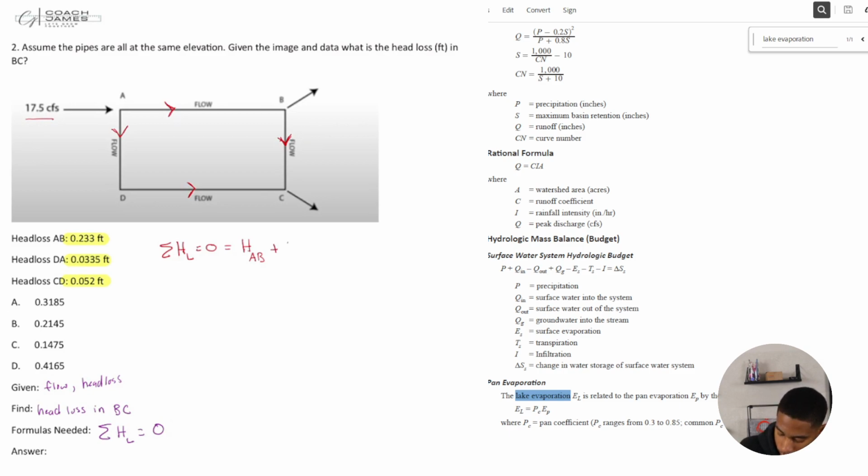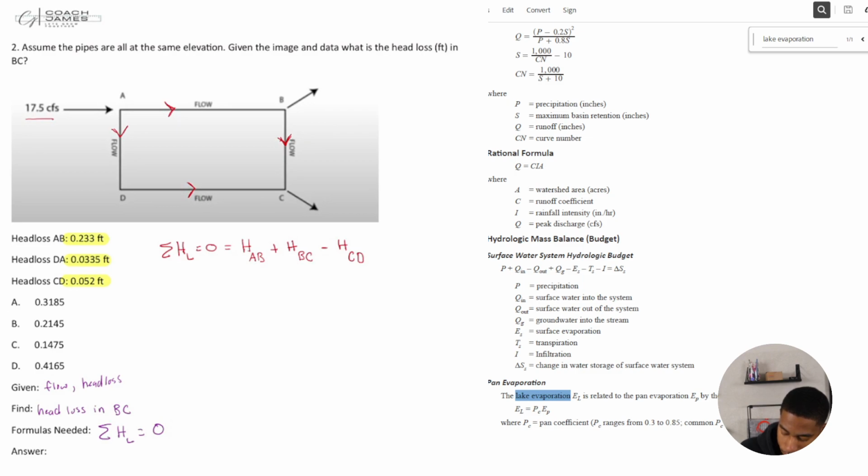Plus the head loss in B to C, right? Minus the head loss from C to D, because it's not going from C to D, it's going from D to C. So it's going in the opposite direction.